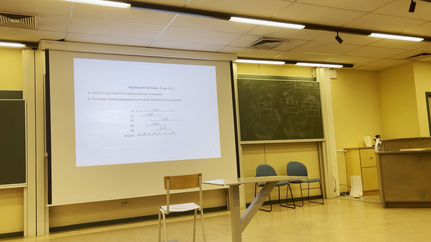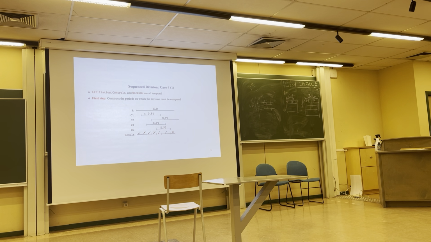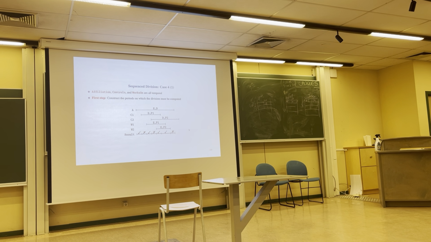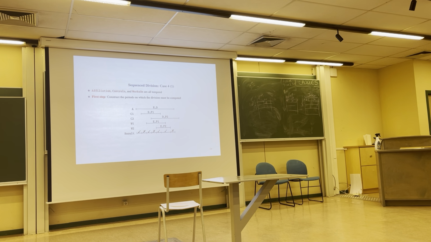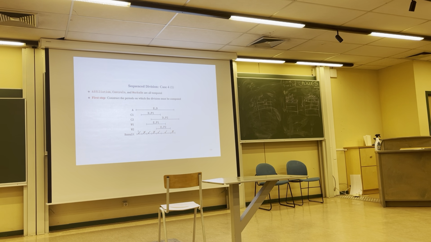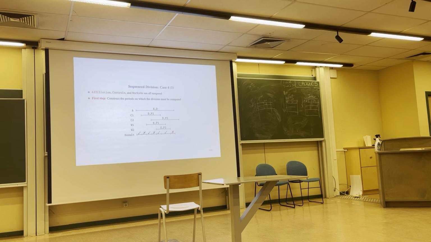And in the more complex case, since here we have affiliation which is temporal, controls of this department, controls of this project, this employee works on this project, we again need to split the timeline and define for each of these splits whether it is true that this employee works in all projects of her department.